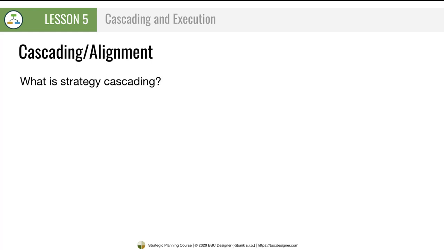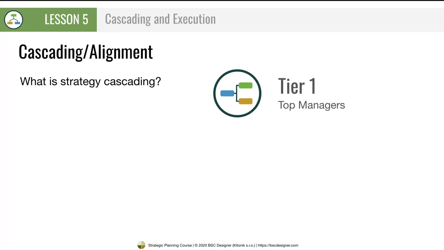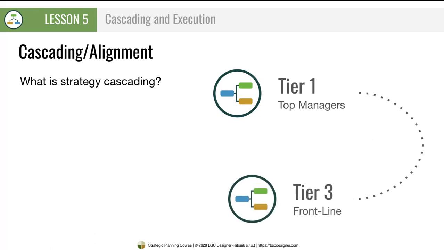What is strategy cascading? Imagine that you have a top-level strategy map with some business goals. What if you show this map to the front line team? They will understand the general idea, but it will be hard for them to use that map as a guiding tool.